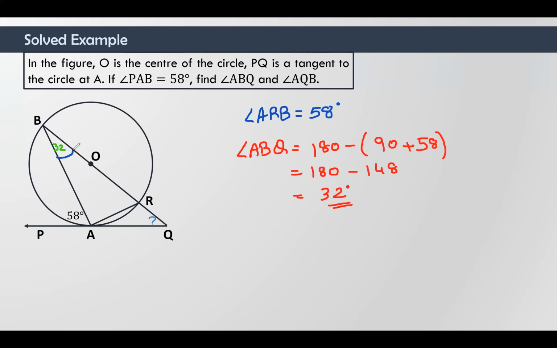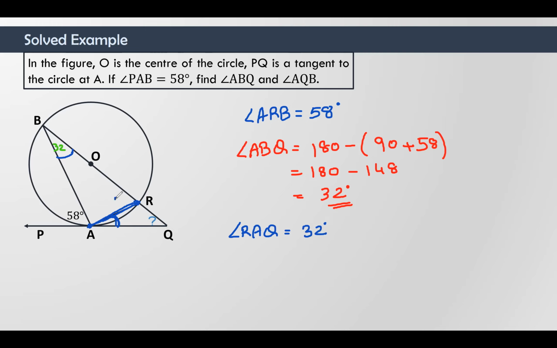This angle ABQ or angle ABR is the angle formed by the chord AR. And this chord is making angle with the tangent PQ. So as per the alternate segment theorem, angle RAQ is also equal to 32 degrees.